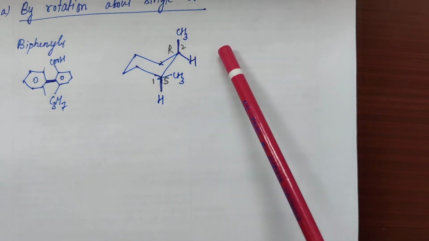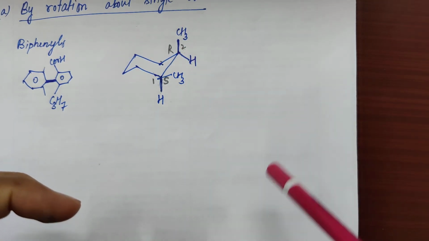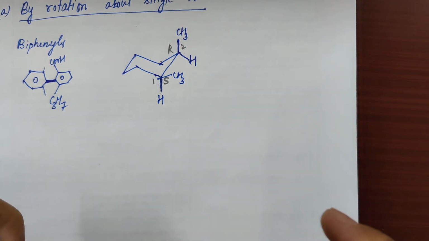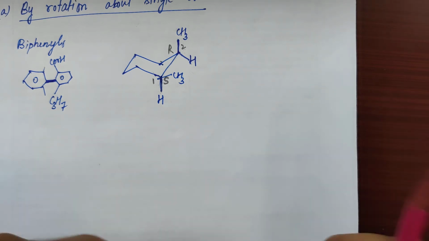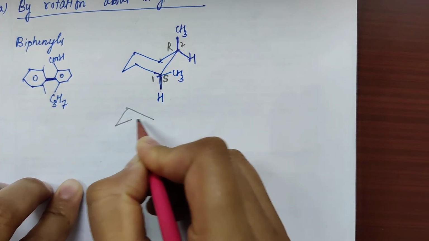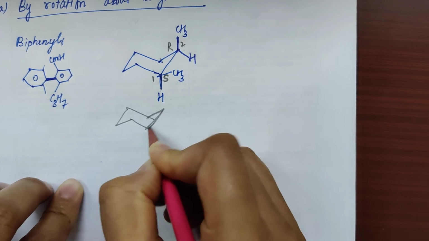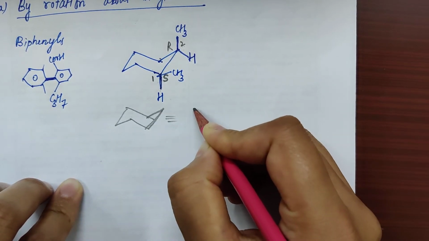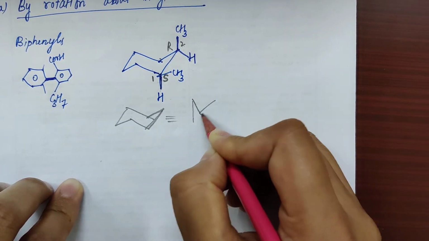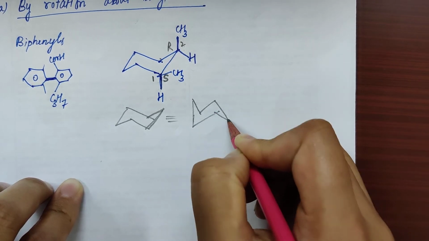अब अगर आप इस रिंग को फ्लिप करते हो, साइक्लोहेक्सेन्स क्या करते हैं, रिंग फ्लिप होता रहता है ना, there is a very small energy barrier and the ring keeps on flipping. ऐसे flip होता रहता है.